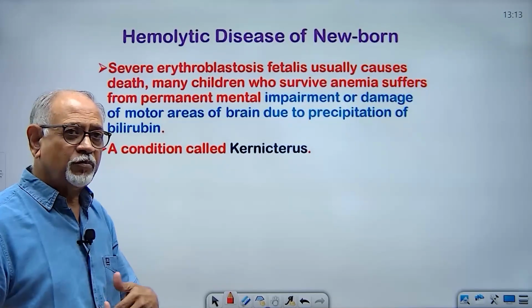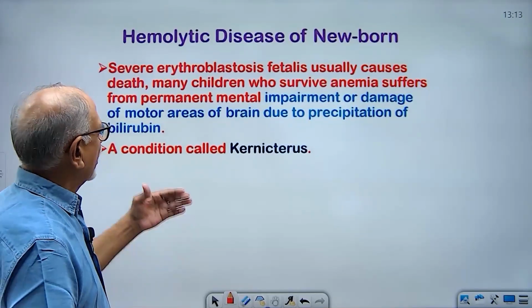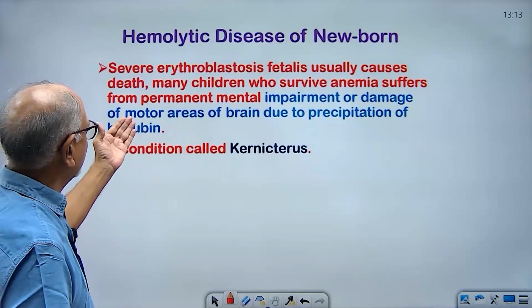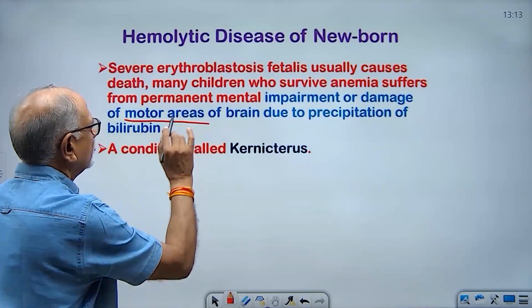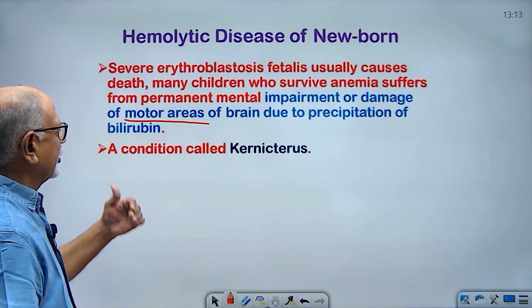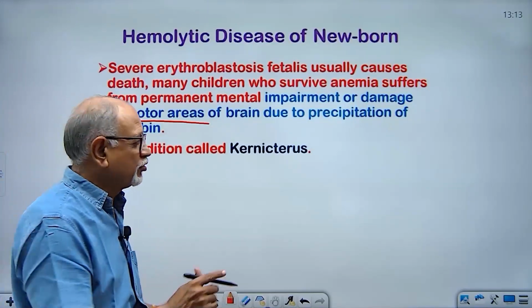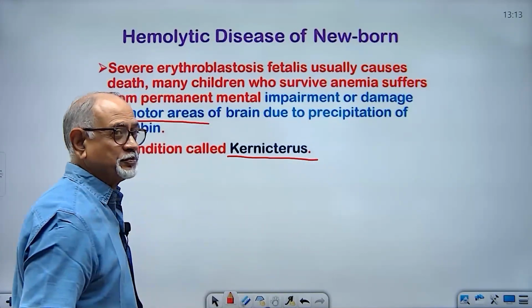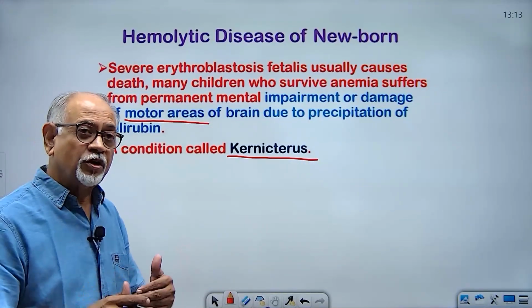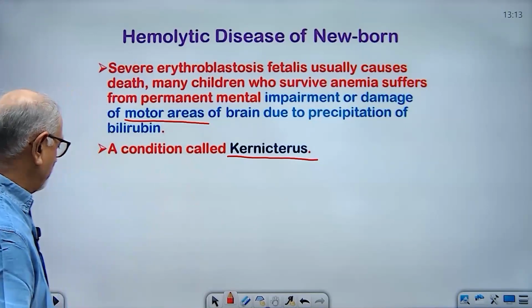A lot of bilirubin is produced, and that is circulated to different areas of the brain, mainly the motor area of the brain, where it precipitates, and this condition is called kernicterus, where the bilirubin is accumulated in the brain.